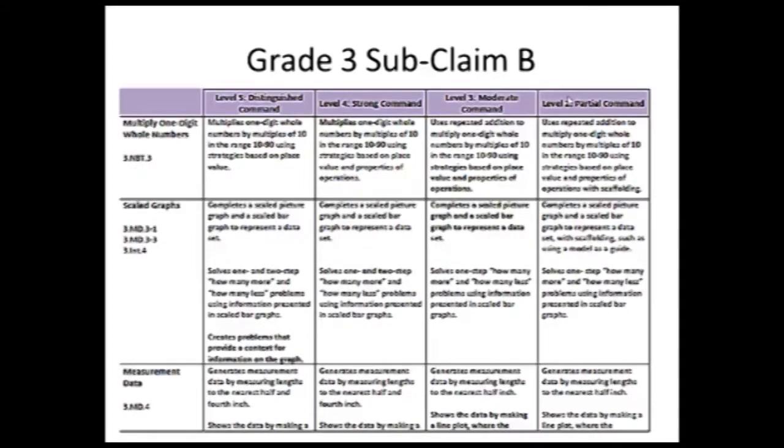So as I look at my program, I want to see when I'm multiplying one-digit numbers, if I'm involving these ranges of numbers as well as these strategies.